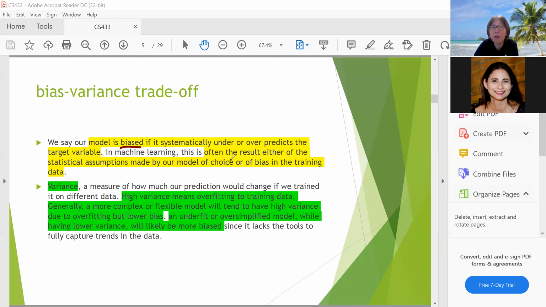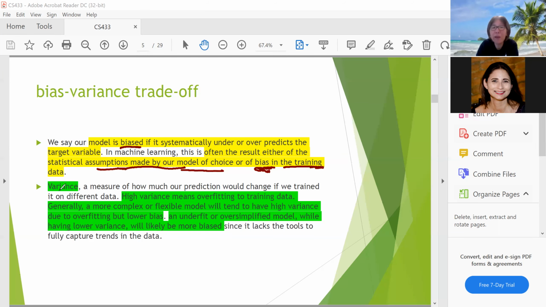It results from either your assumption, so your choice of model, is not good, or you have bias in the training data set. Maybe in the training data set the ratio leans toward a certain pattern, so that can also cause bias.